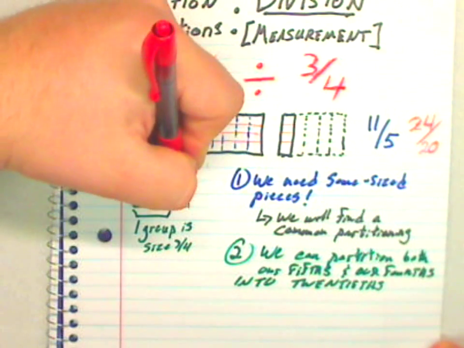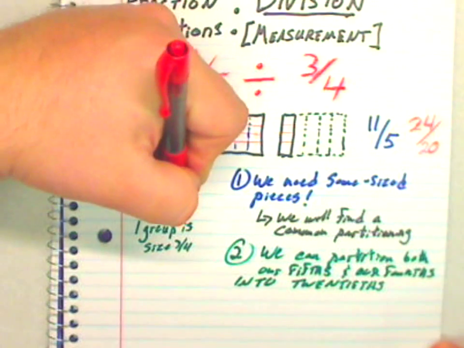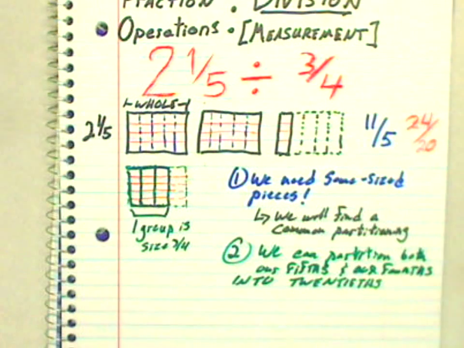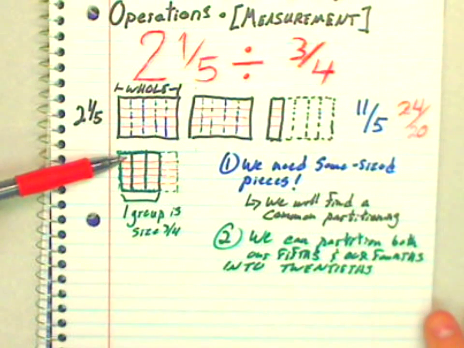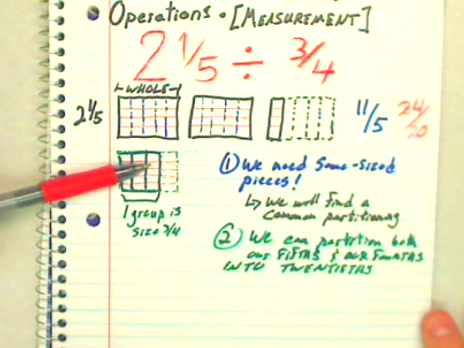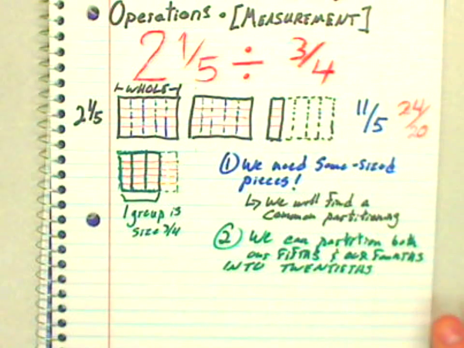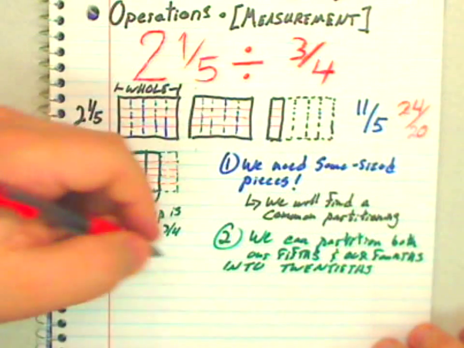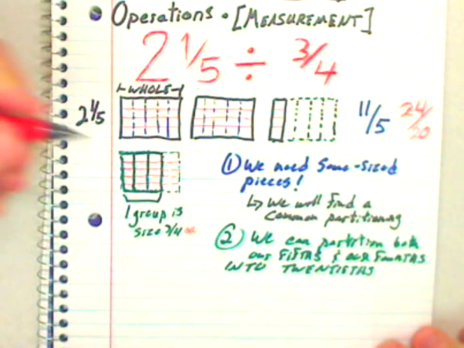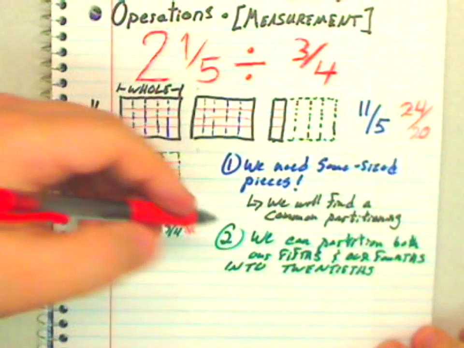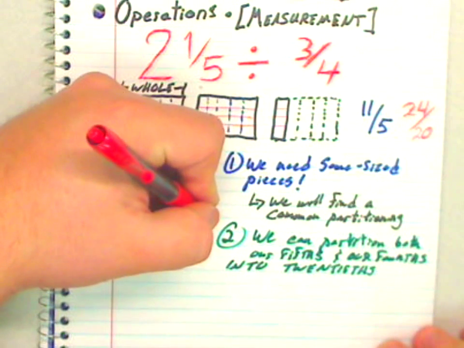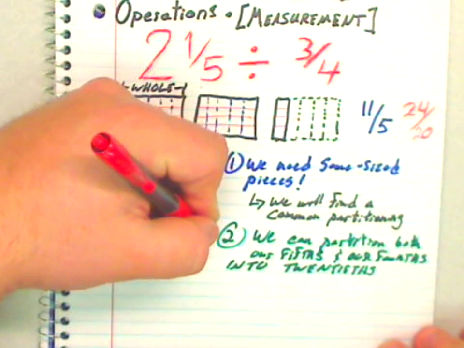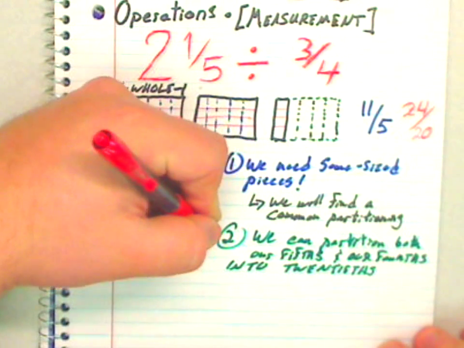And I'll put dotted lines across, because that's not a piece that we actually have. So our 3/4 has now become 5, 10, 15 pieces, where 20 would make a whole. You can see there's 20 pieces here. So our 3/4 has now become 15 20ths. So we can see those fractions are equivalent.